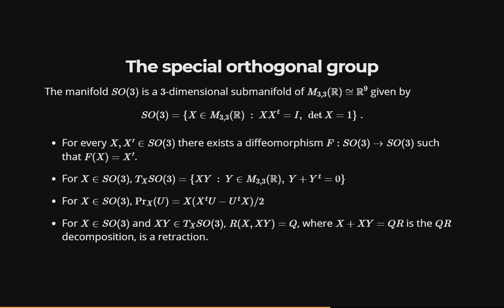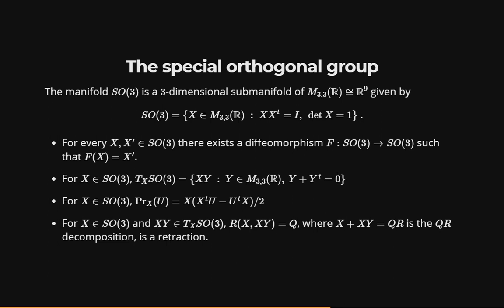plus XY. So you take a rotation matrix, you take a tangent vector, which is in the form XY, you sum them, so you obtain the applied vector, and it's a matrix. It's a 3 by 3 matrix. You take the QR decomposition of the matrix.